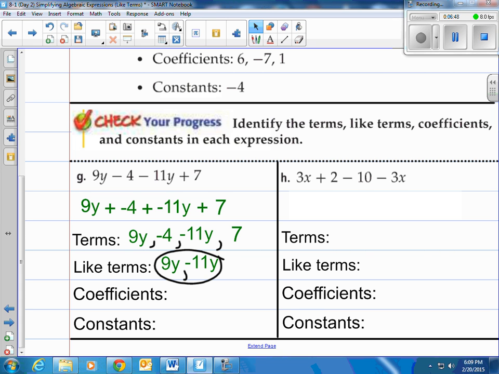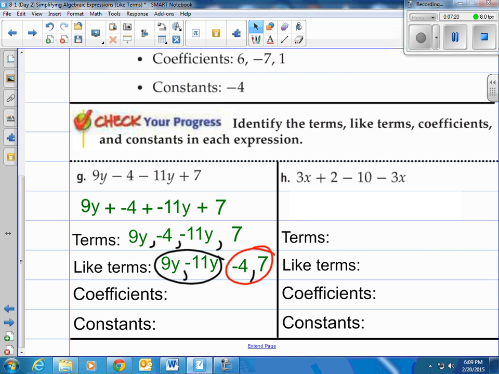And then we've got the -4 and the 7, which go together, because those are just constant numbers with no exponents. So those are the two sets of things that go together, called like terms.